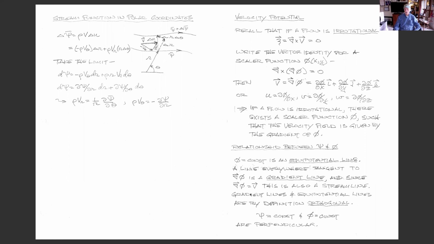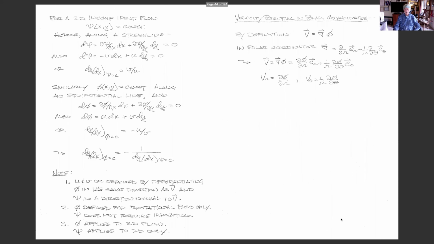And since del phi is equal to v, as we defined it up here, del phi is also a streamline. The gradient line is a streamline. Okay. Gradient lines and equipotential lines have to be orthogonal. So psi and phi are perpendicular to one another.